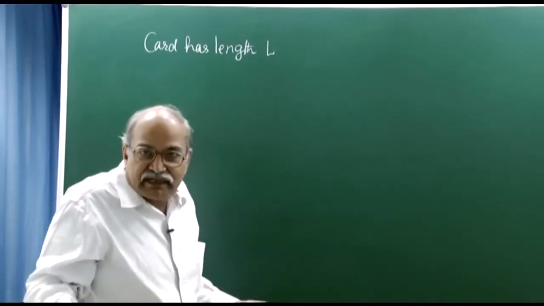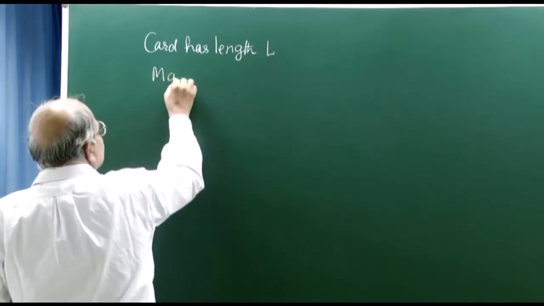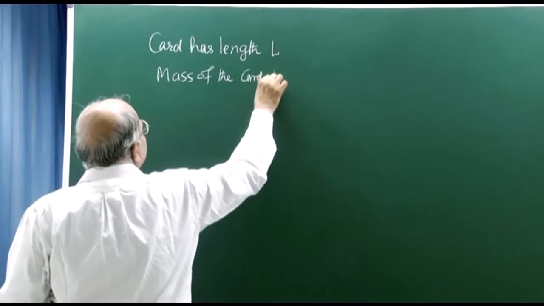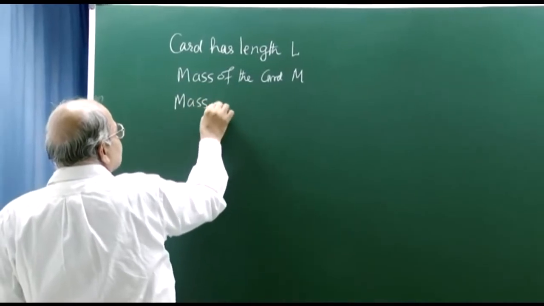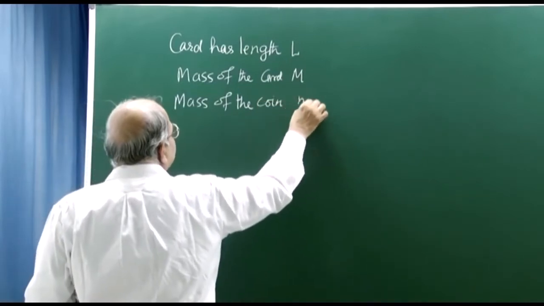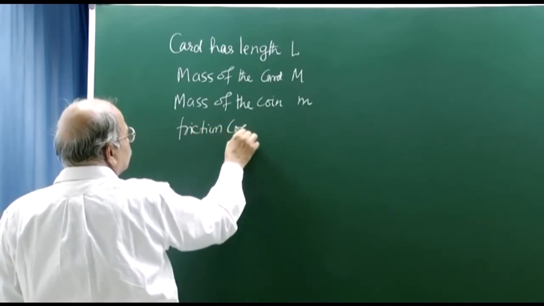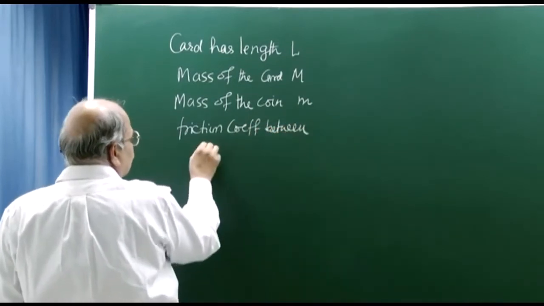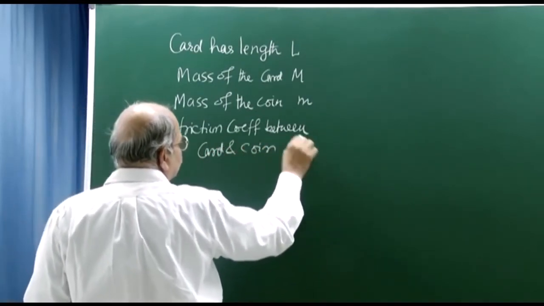When the coin finds that the card is gone away, that length is L. Take the mass of the card to be, say, M, and the mass of the coin, let us call it small m, then the friction coefficient between card and coin, let us call it mu.